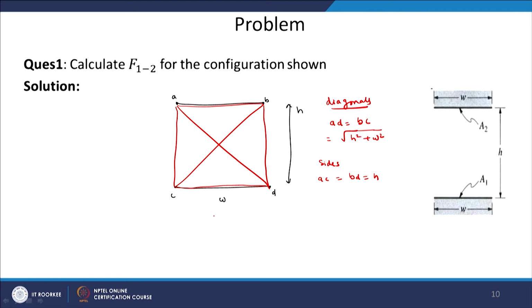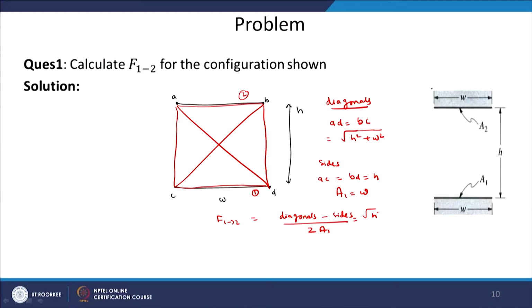Now, as per the formula, this is surface 1, this is surface 2, F12 is basically equal to diagonals minus sides divided by 2 times A1, where A1 is simply equal to W, assuming the depth of the plates in the plane of the board is 1. So, F12 is equal to 2 times root of h square plus w square minus 2 times h, divided by 2 times w.